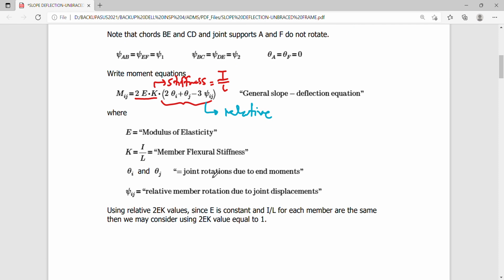So in case the properties are not constant, you just make use of a relative ratio to represent a factor to be multiplied per moment representation, let's say Mij.